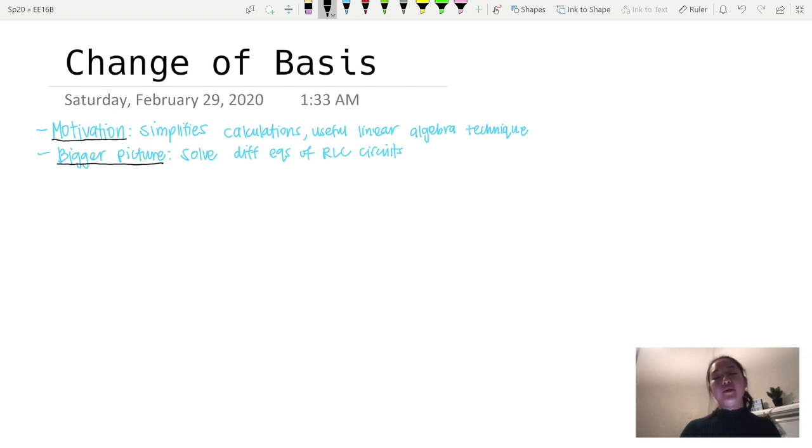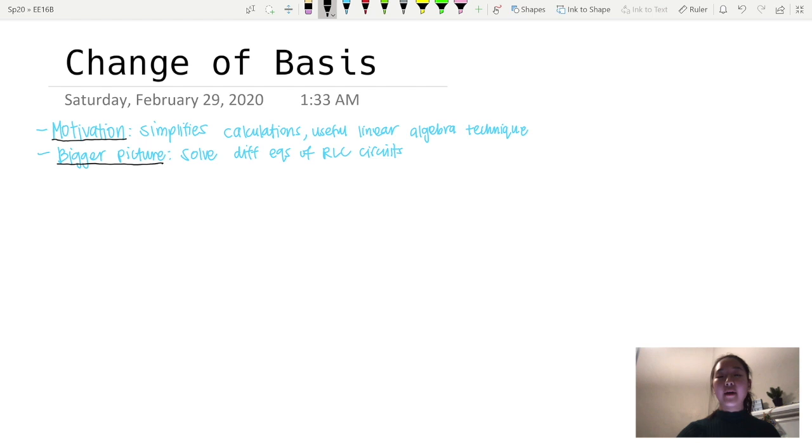And I like this analogy because it shows how it can be easier to describe something in a certain unit of measurement versus in another. Because in general, having the whole number 1 is much easier for calculations versus having 2.54, which is a decimal value. So this all relates back to change of basis because the motivation behind this technique is being able to simplify calculations.